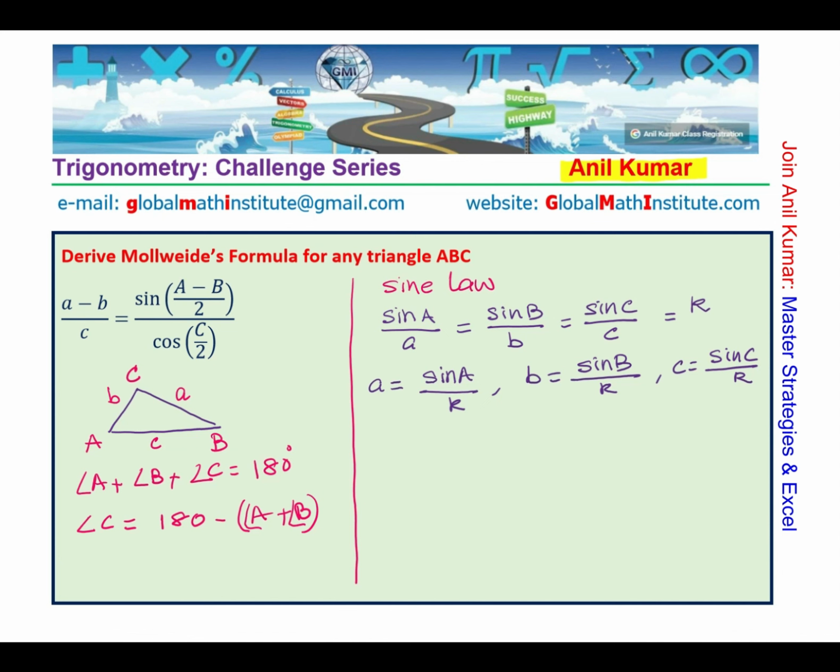Now we also have sine (A minus B) over 2 type of things. Where do we get that from? That is from our sum to product formula, which I can again derive here. So let's do that also. You know what is sine (A plus B)?